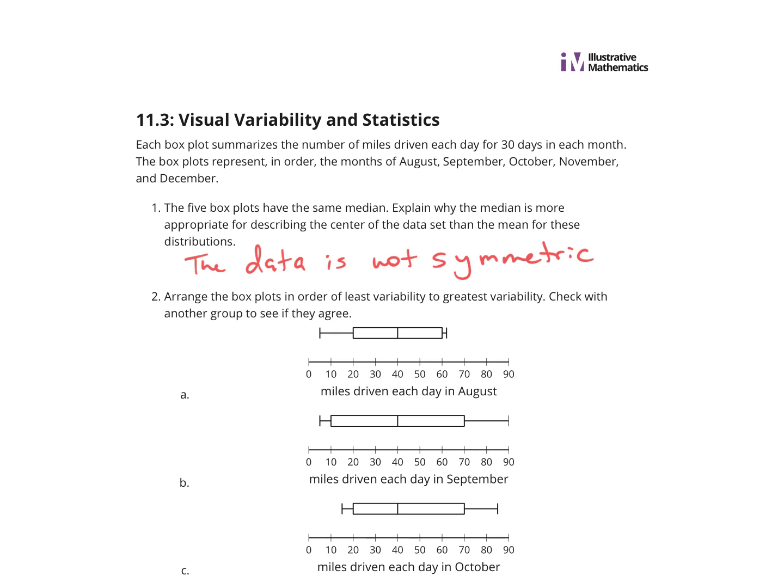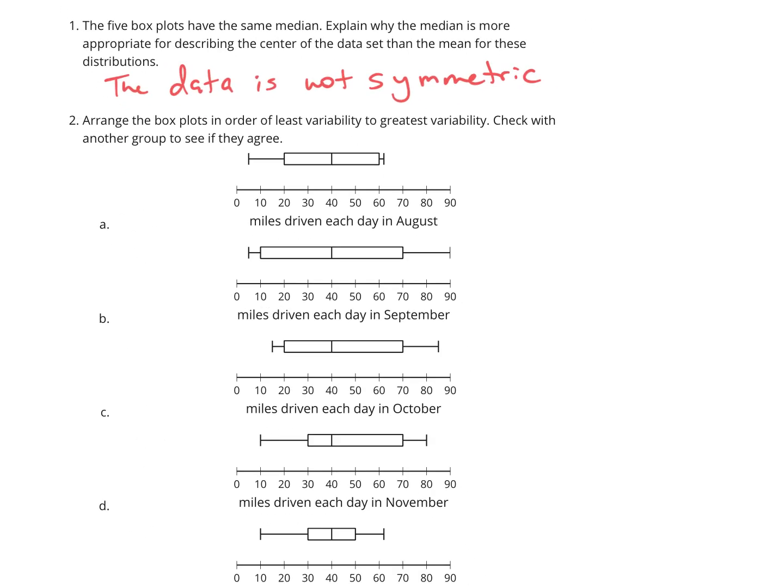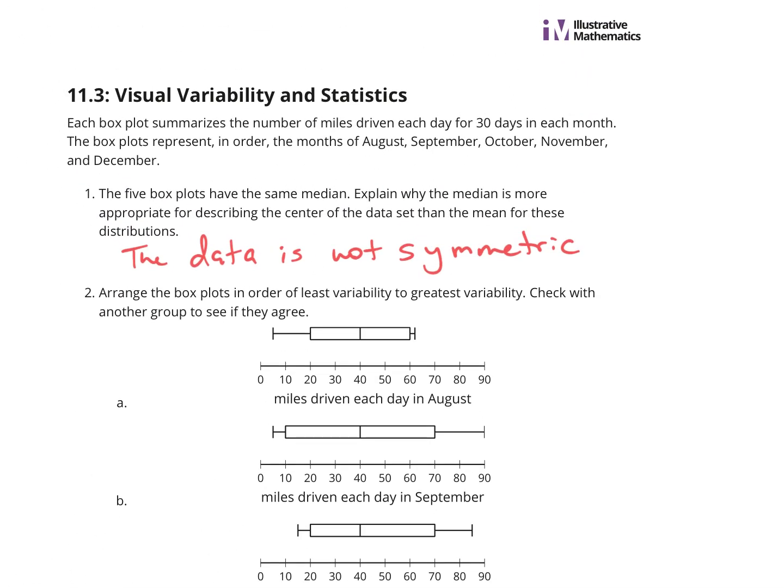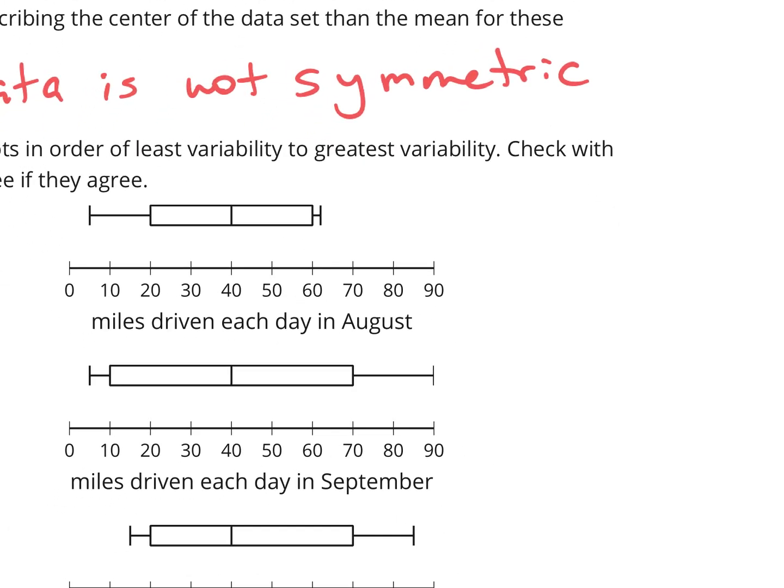So for each of these, we're going to want to approximate, we might be able to find the exact for most of them, probably for all of them. Okay, so we're going to go ahead and calculate the IQR. Now, if you use range, that's not necessarily a bad thing.